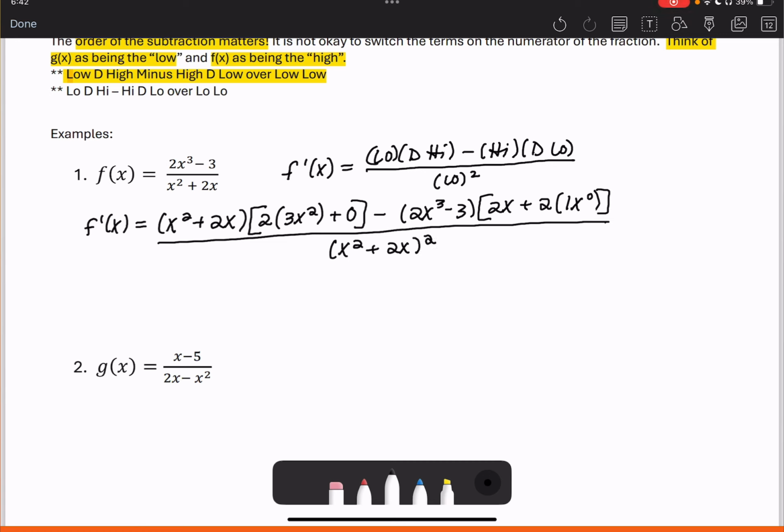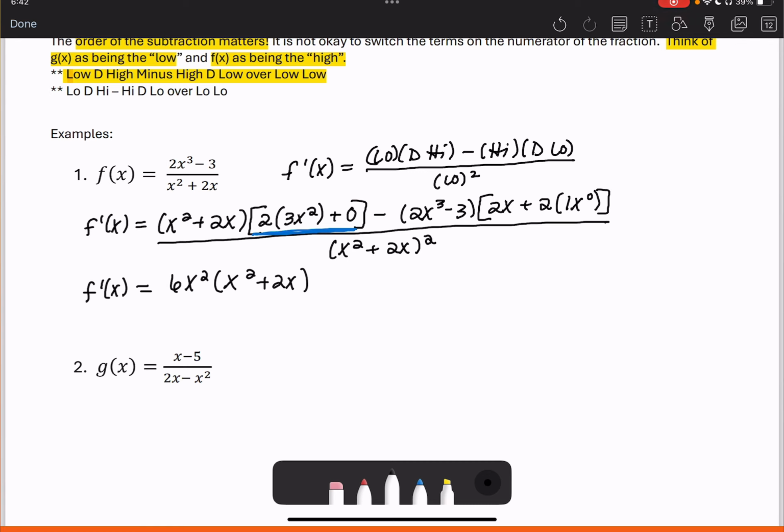Okay, and then let's just clean this up a little bit here. This second part here simplifies to 6x squared, and I'm just going to put that in front of that x squared plus 2x, and it is okay to change the order right there.